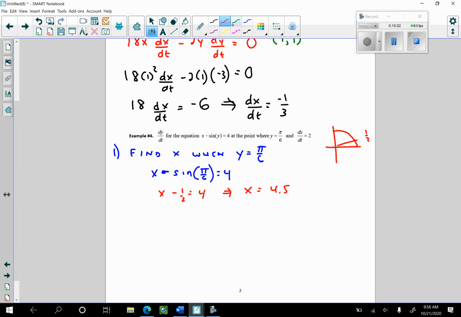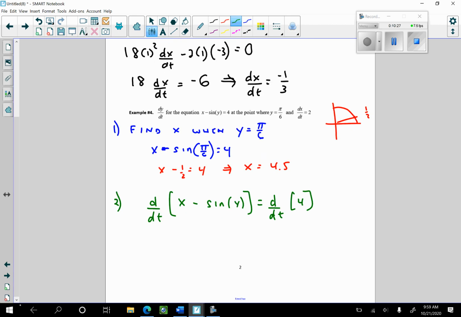So what I'm going to do now, step 2, is I'm going to d/dt everything. I'm going to d/dt my equation. What's the derivative of x with respect to t? dx dt.